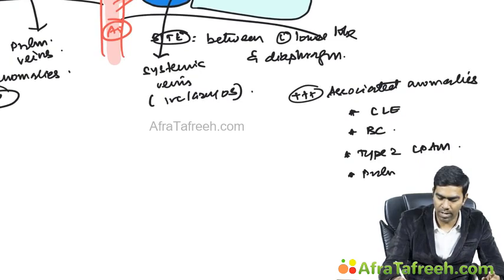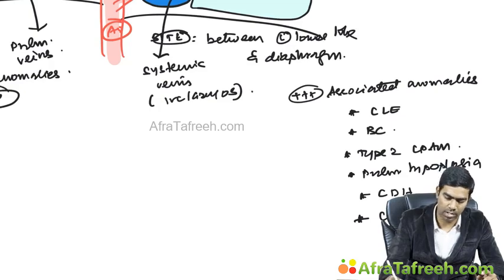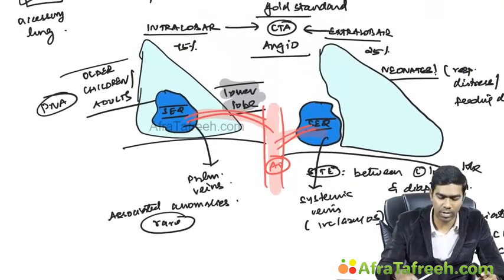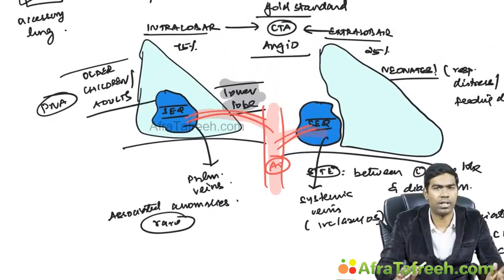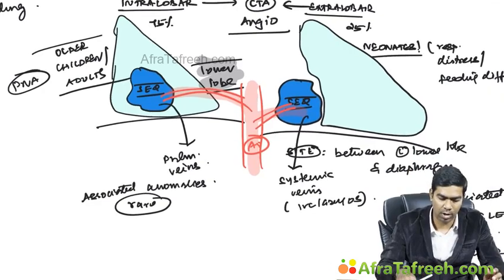Then you can have pulmonary hypoplasia, and a congenital diaphragmatic hernia, CDH. You can also have cardiovascular anomalies like VSD. So you might get a lot of anomalies in extralobar sequestration. But with intralobar, you typically don't get any anomalies. Maybe very mild anomalies can be there, but generally none.